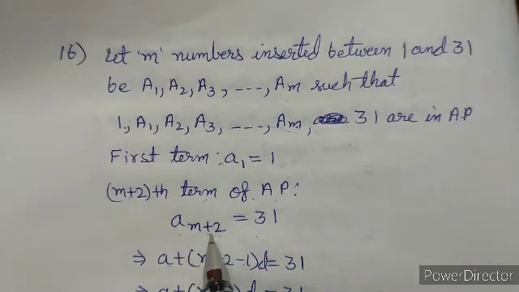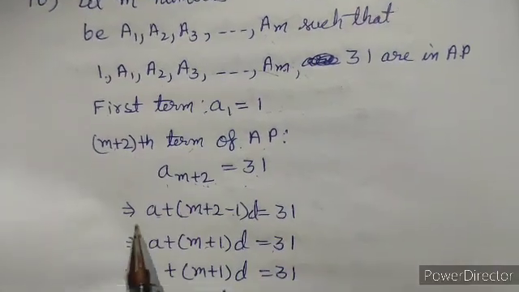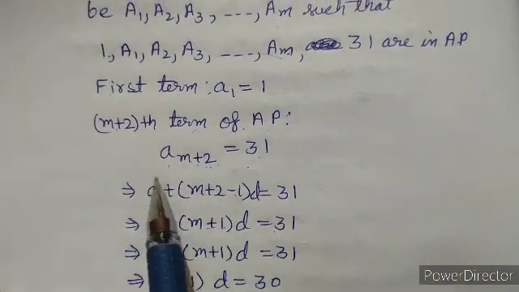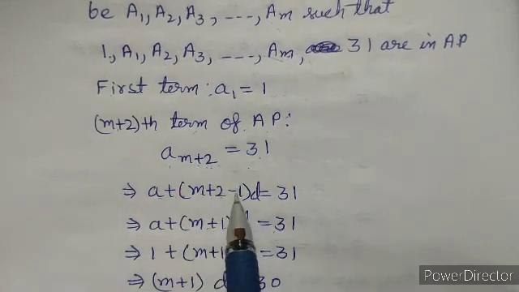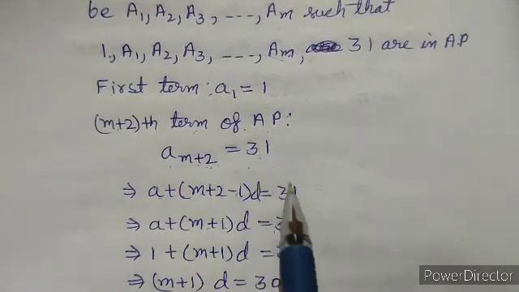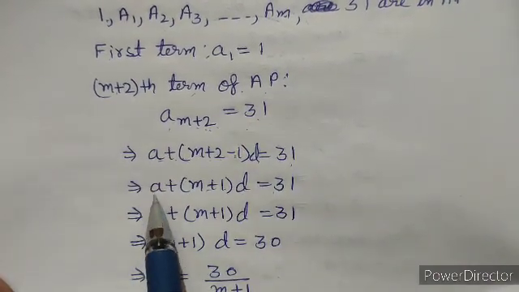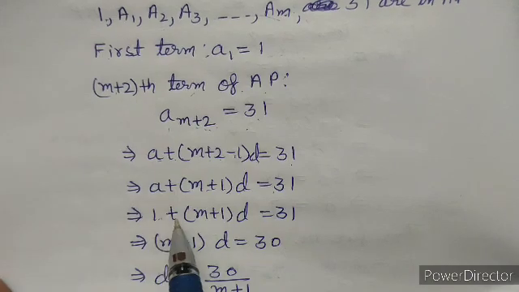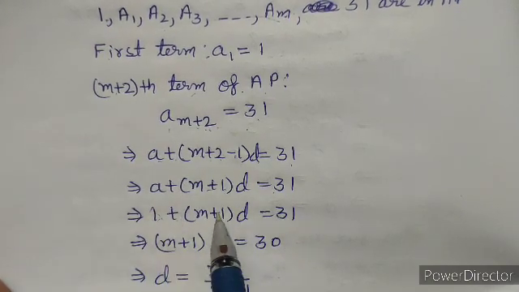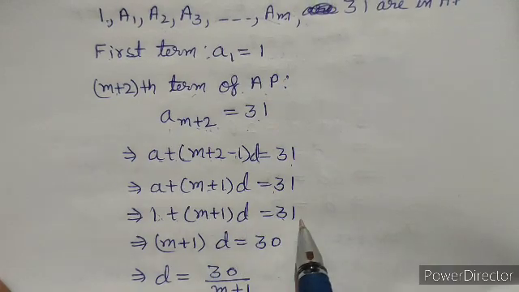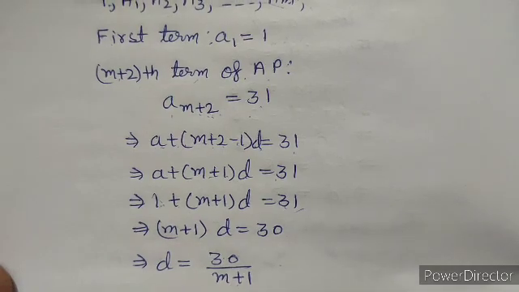That is a(m+2) will be equal to 31, as an is equal to a plus n minus 1 d. So a(m+2) will be equal to a plus (m plus 2 minus 1) d, and that is equal to 31. Now a, that is first term, is given to us 1. So this will give us 1 plus (m plus 1) d is equal to 31, which will give us d as 30 upon m plus 1.